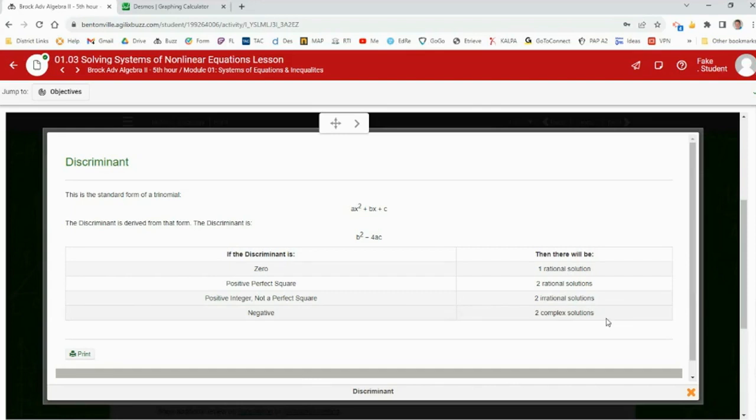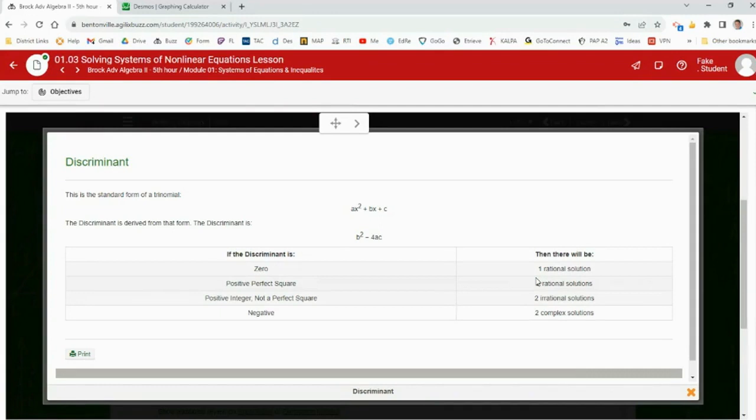Anyway, let's get back into our discriminant here from our fire drill being over. So if you calculate that b squared minus 4ac and it equals 0, there's going to be one solution to that quadratic equation. One. That means one solution. That means it's going to cross the x-axis one time. If it's a positive perfect square, there'll be two rational solutions, which means there'll be whole number solutions.